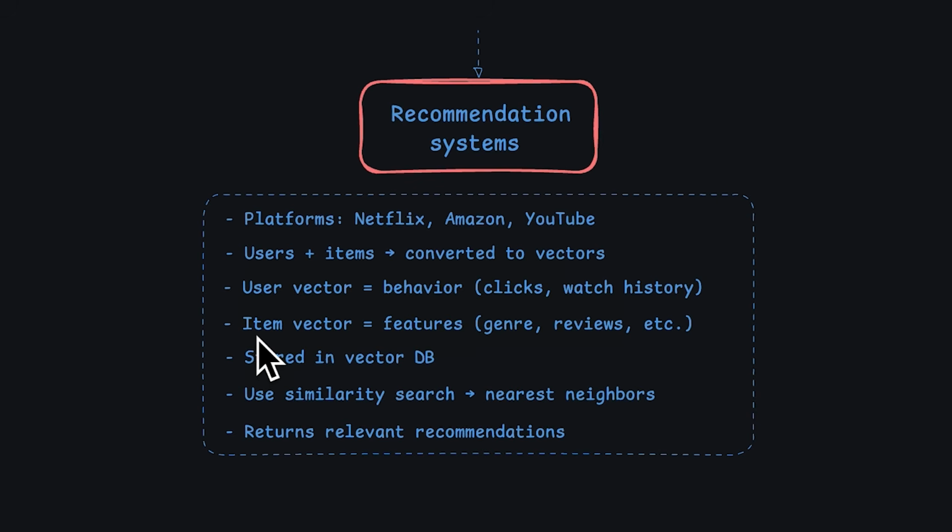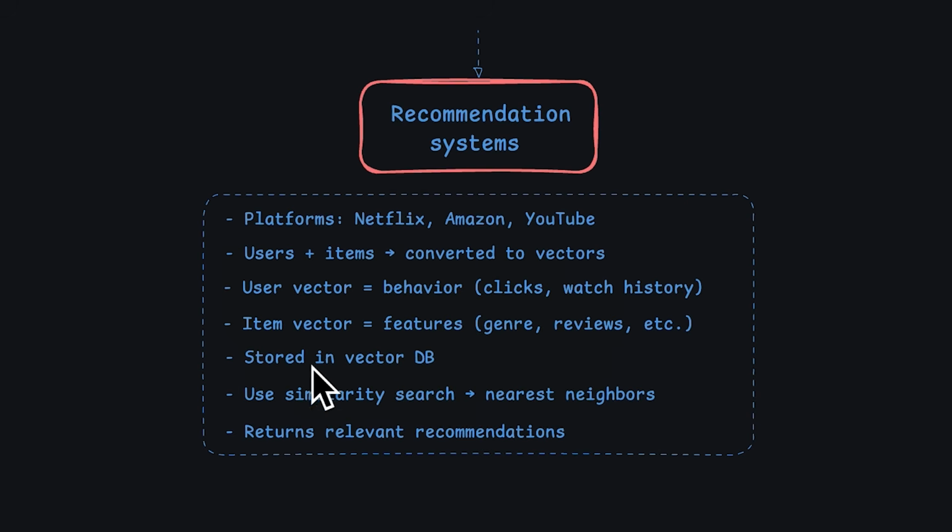And then you have these item vectors, for example, the movie reviews, the product reviews, or the actual product specifications. All those features are nothing but your item vectors. So both the users and the items are converted into vectors and stored inside a vector database.